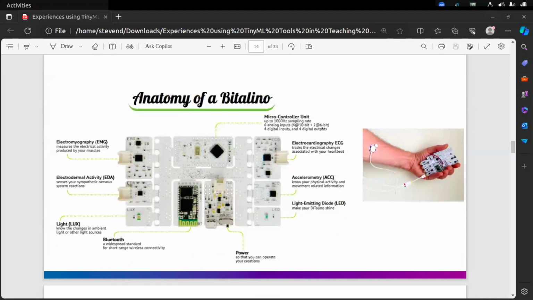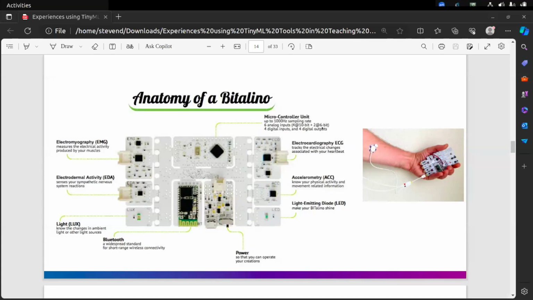Okay, the Vitalino kit is an affordable main board that helps to acquire the principal biosignals. No? As I mentioned, EMG, electromyography signal, electrocardiography signal, and electroencephalogram signal, in these new models. But basically, the core is an Arduino, an Arduino Uno or Arduino Nano, but joined with other sensors.